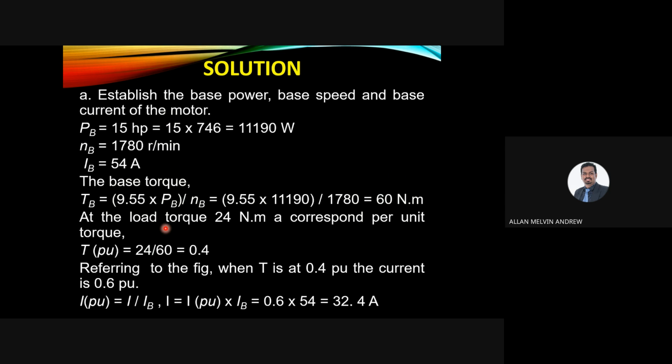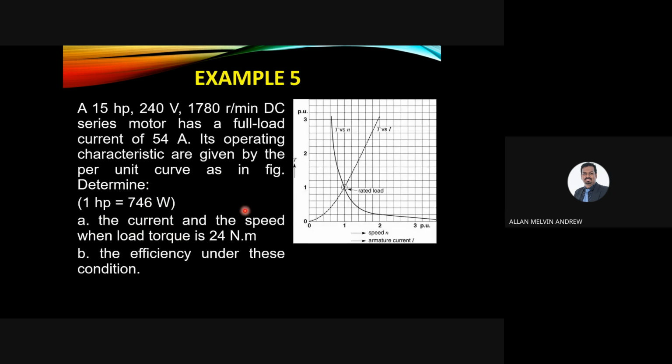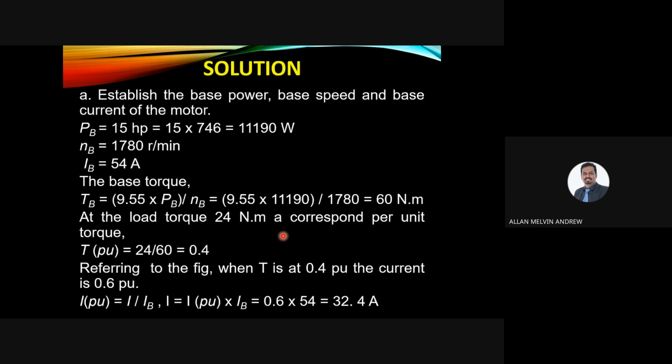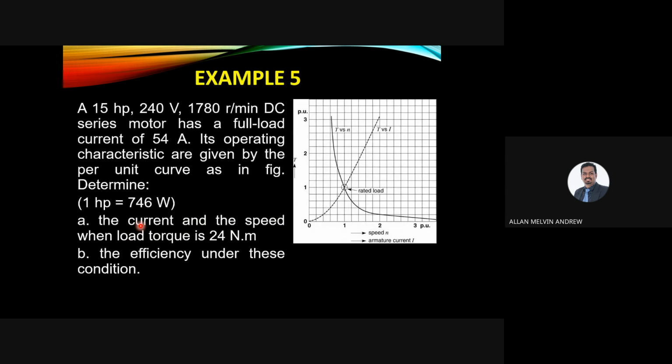So when the load torque is 24 Newton meter, we need the corresponding per unit torque, because only per unit curves are given. On this PU curve, we want to find the point when the load torque is 24 Newton meter.